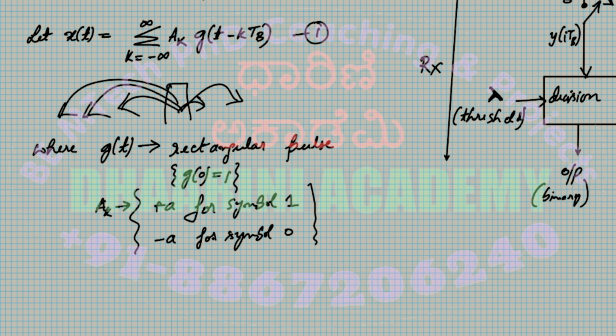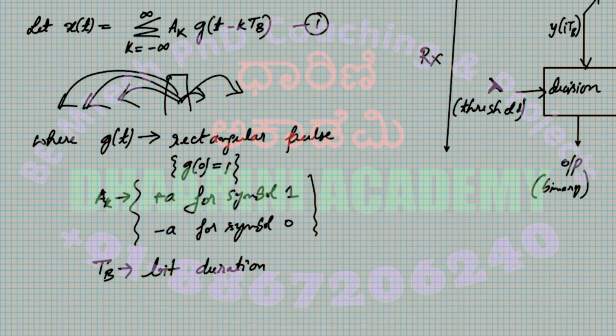Okay, it can be otherwise also. You can have any other method as well, no issues. And we use another term called T_b that represents the bit duration. All right, so we know this.